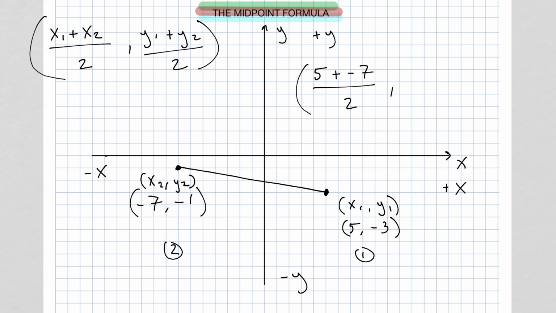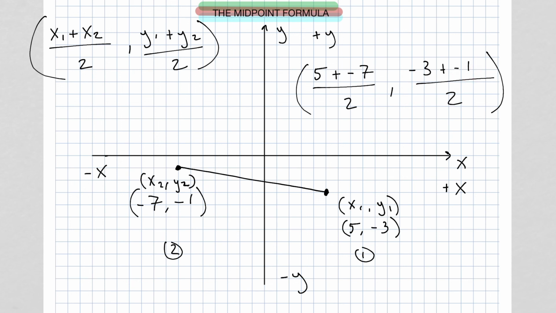Okay, and y1 gives us -3, and y2 plus -1, over 2. Okay, simply taking these points and plugging them into our midpoint formula. So here's our x1, 5 plus -7, and -3 plus -1.